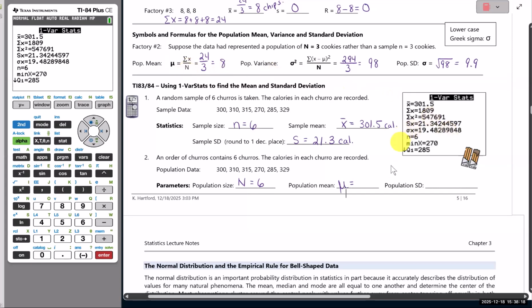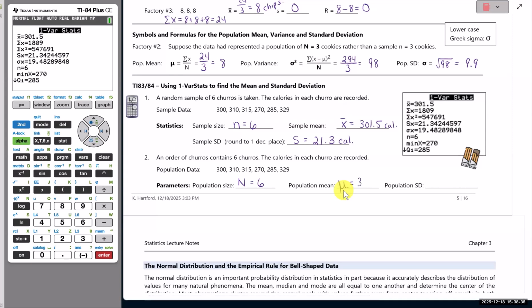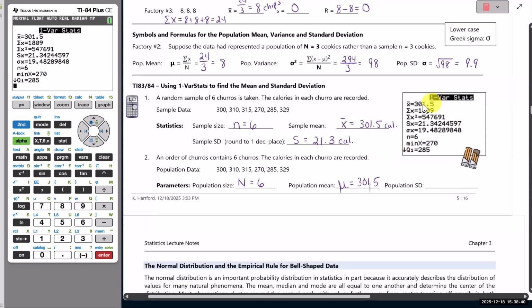So your calculator doesn't have a mu because it doesn't figure out the correct symbol for you. It's assuming a sample up here, but you read the question, and if it's population data, don't write x bar because it's a mu for population mean, but mathematically, that numerical value will be correct. So 301.5 is correct, just the symbol that you need to change.